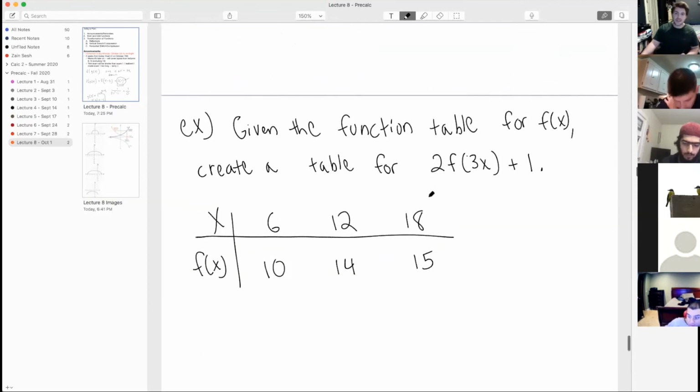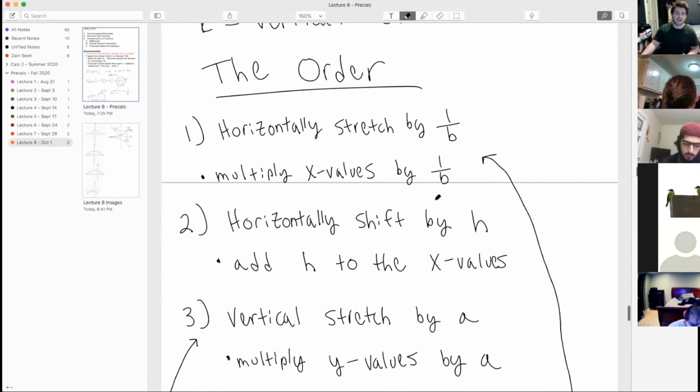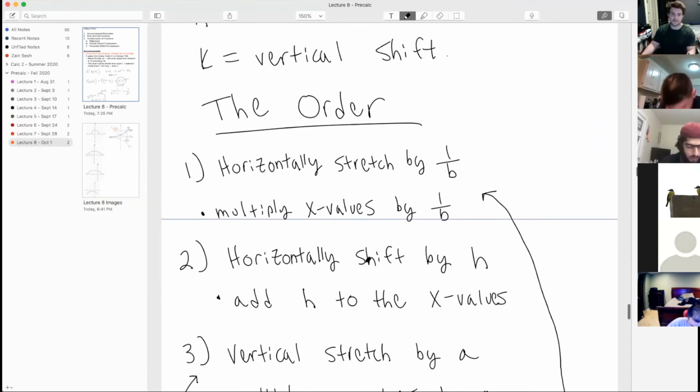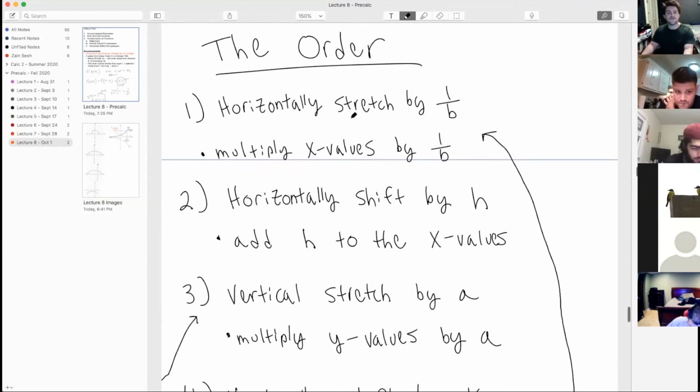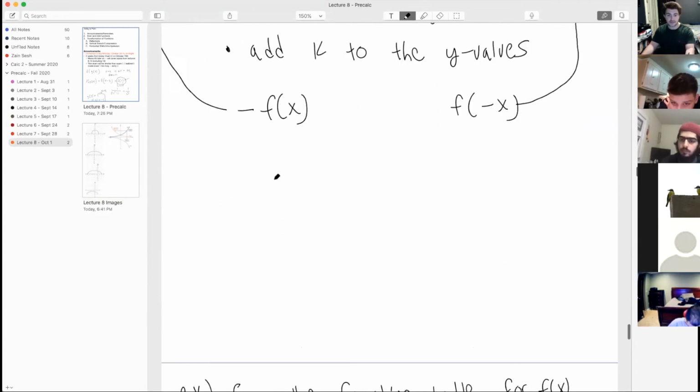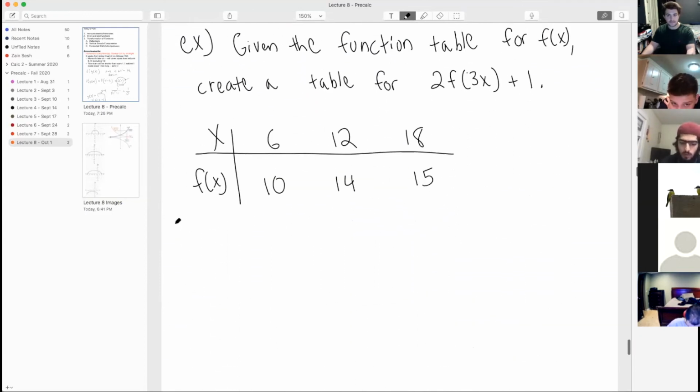Okay, now we need to go up and look at our order. We need to first horizontally stretch by 1 over b. That's the first thing. So, step 1. This is just straight from our order that I have listed.